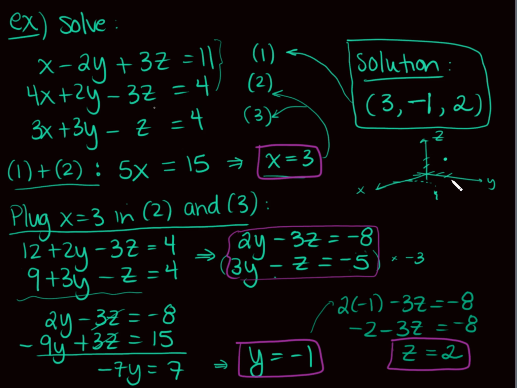Okay, and sometimes you can draw little arrows. I don't know if you can kind of see that, but I should move that point over. But that's what that solution means, and that's where those three planes intersect. It's pretty cool.